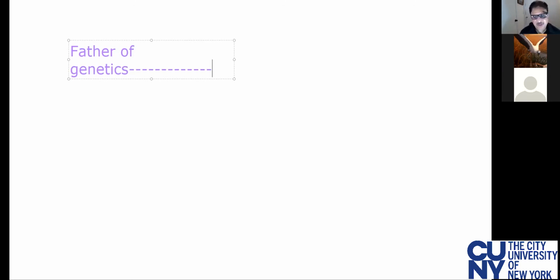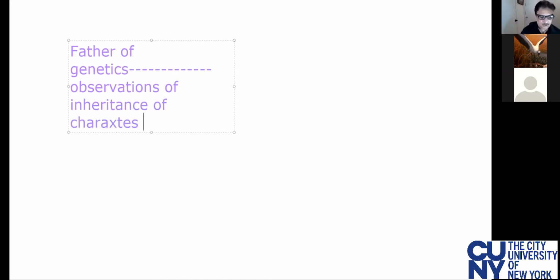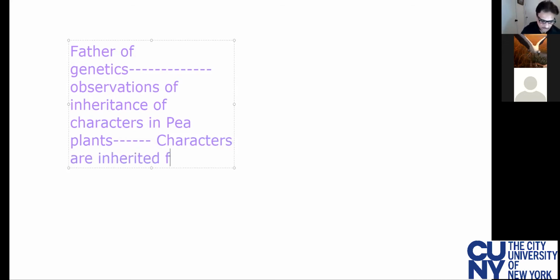At that time, in the mid 1800s, there were less sophisticated microscopes, there was the least technology, but because of his observations on the inheritance of characters in pea plants, he could propose how characters are inherited from one generation to the next.